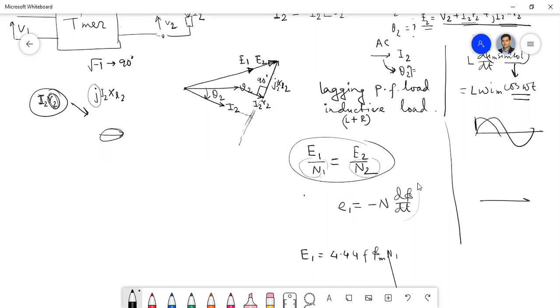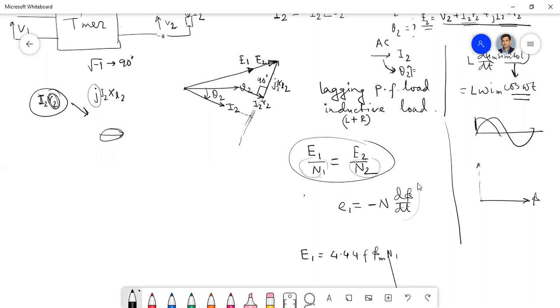Suppose we have a phasor phi like this. When we take the derivative, what will the phasor be? Will it be leading or lagging? Leading by 90 degrees. So derivative means it should lead by 90 degree.